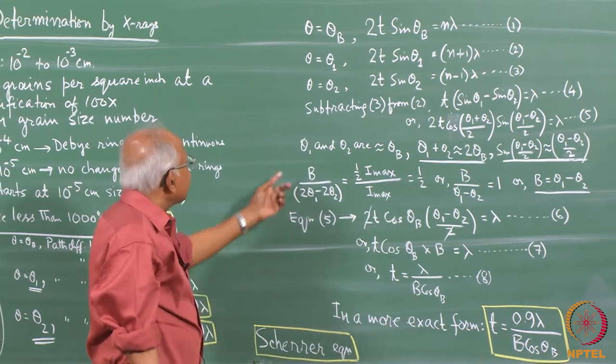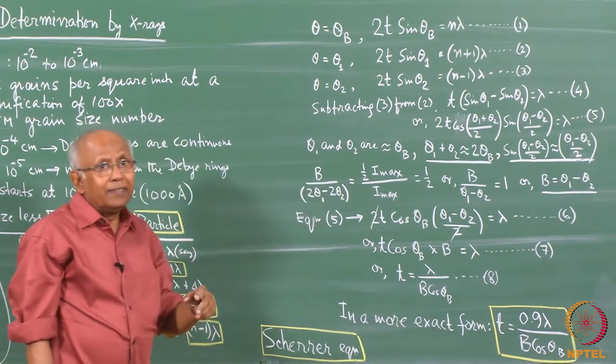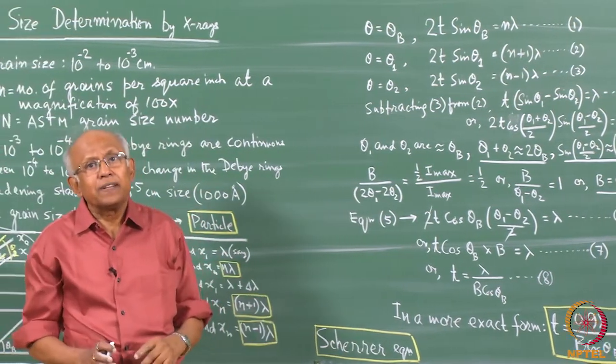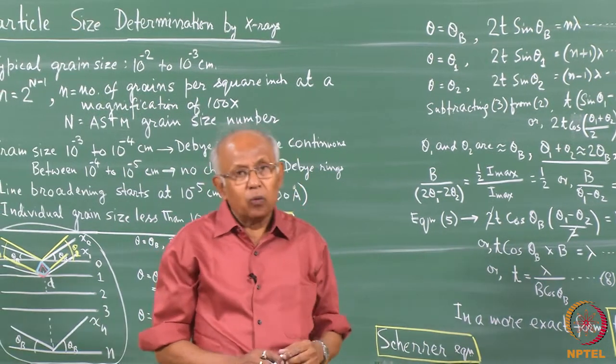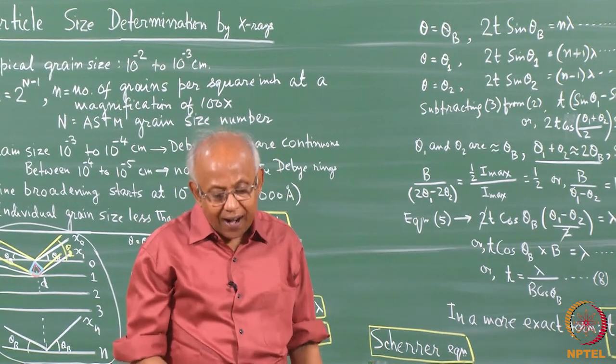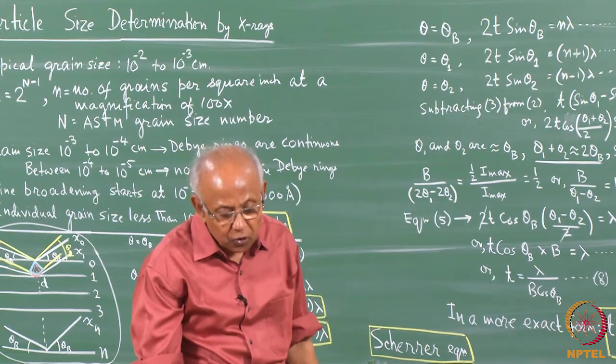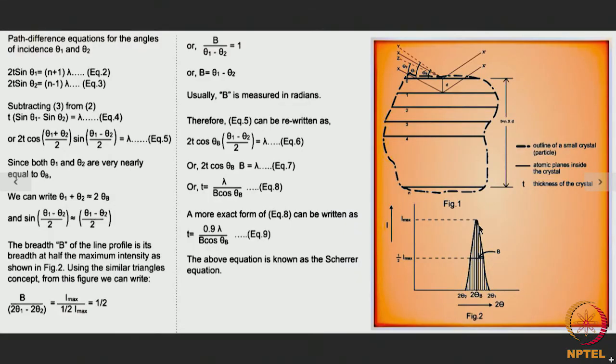Now, you see theta 1 and theta 2 are not very different from theta b. As we know, when we talk about a diffraction line profile, the intensity is obtained not only at exact 2 theta b, but also beyond 2 theta b in both directions, but it is available only up to a certain angle.